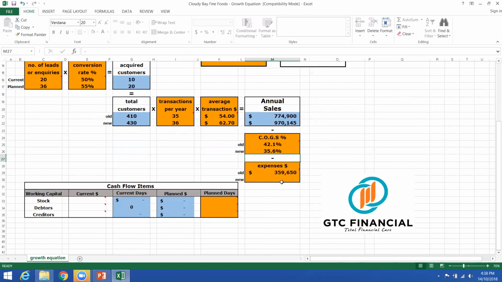We also have a look at Nigella's expenses. And when we compare her expenses to benchmark, they're actually lower, 46.4% versus 58.7%. When we do the benchmarking, we actually split out wages.